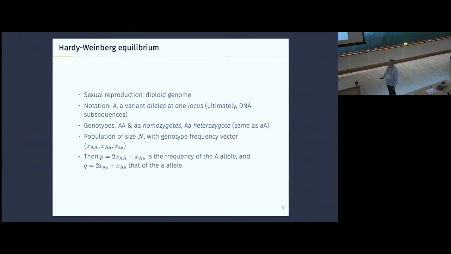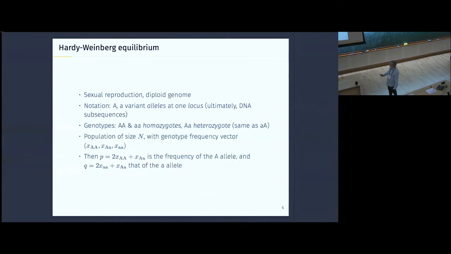So you might have homozygous genotypes, big A, or small a, and then heterozygous genotypes, big A and small a, which is the same as small a, big A. We cannot really distinguish these two strains.